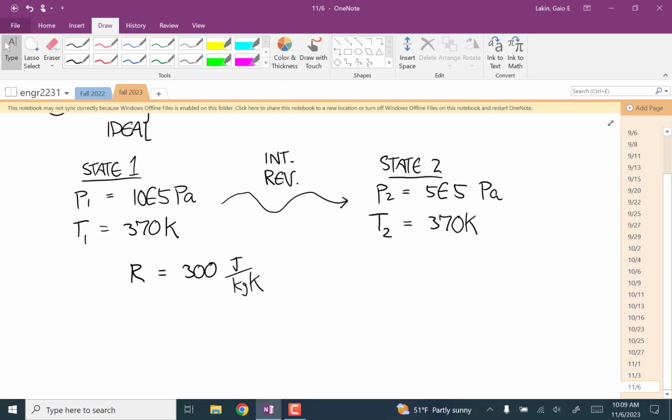Okay, so the first thing we're going to do is calculate the change in specific entropy. You have an equation for that for an ideal gas.